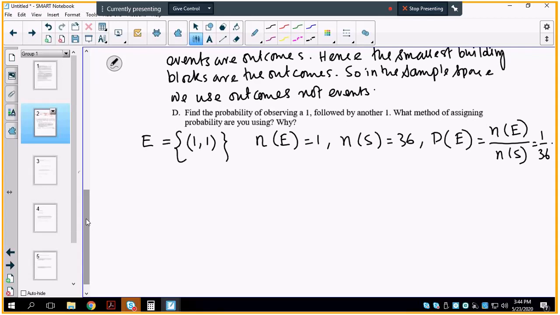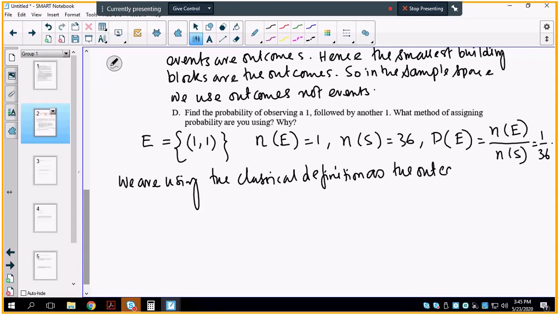Why did I do it? So to answer the second two questions, we'll say we are using the classical definition as there is no human condition involved. A person doesn't determine whether the roll is going to end up in 1, as the outcomes are equally likely. And that would answer this part of the question.